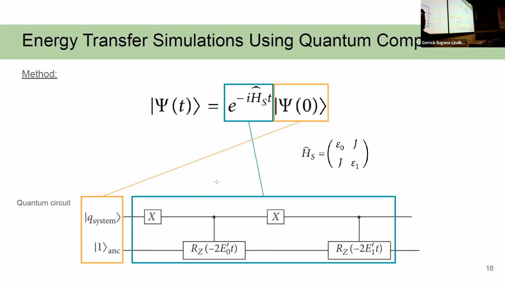And so for those who aren't familiar with quantum circuits, the way you read them is left to right. So in this case, we're considering our initial case, which is just this orange box, where we have an initial qubit that is representative of our two molecules, and then an ancilla qubit. For those who don't know, ancilla qubits are just qubits that are necessary to perform these computations. But we were mainly focused on that first qubit up top.